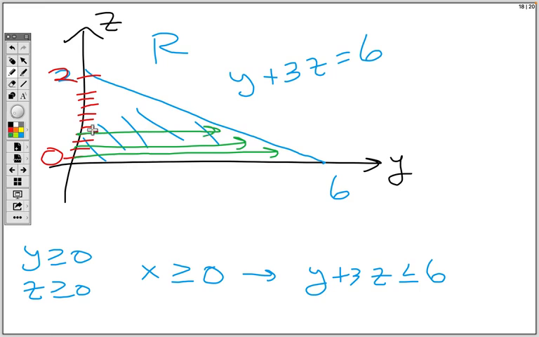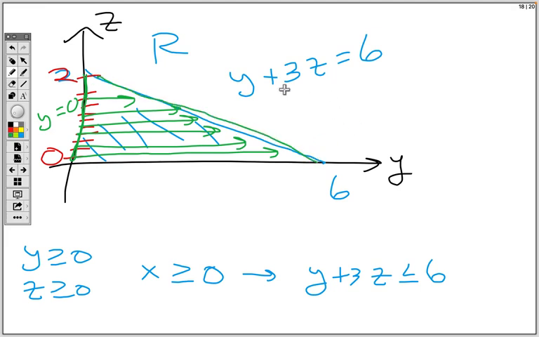So as I start off here, I'm always starting off from the z-axis, aka y equals what? Zero.